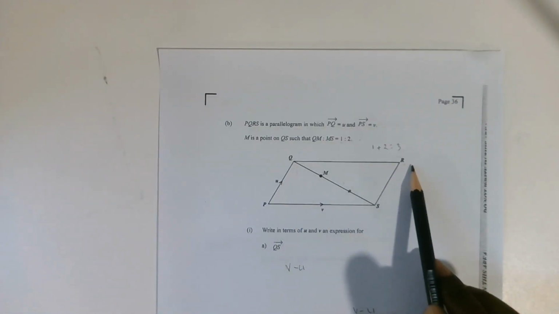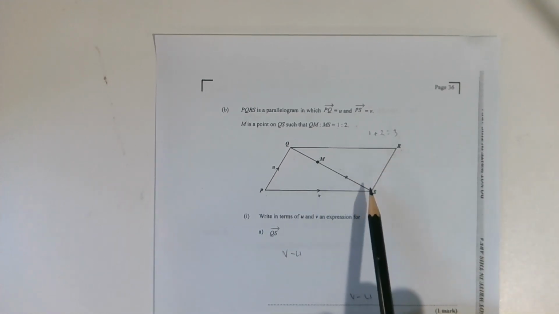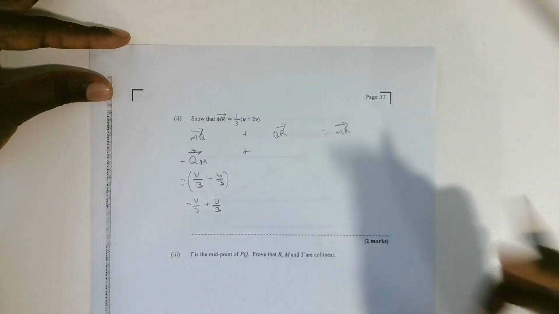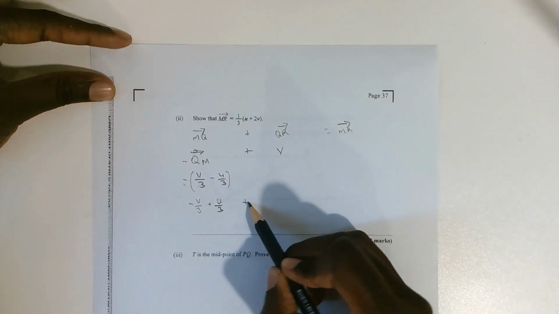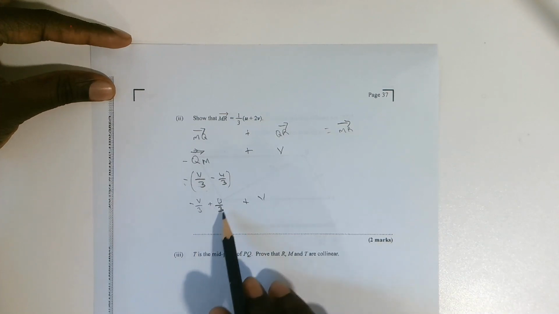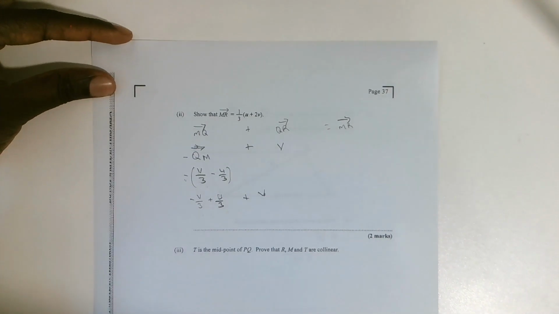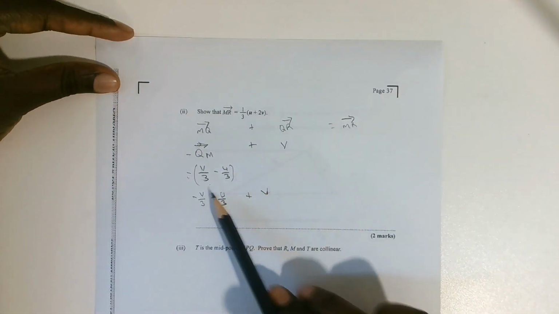And then we're going to add our vector QR, which is the same as PS, which is V. Therefore, vector QR is going to be V. So we're going to add our V at the end. To simplify this, I would like to make all of my denominators the same.